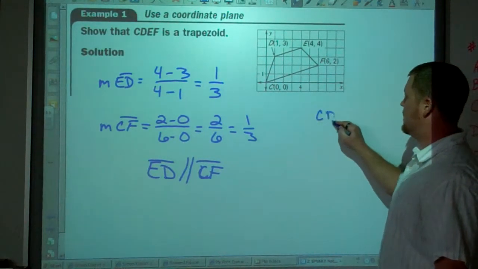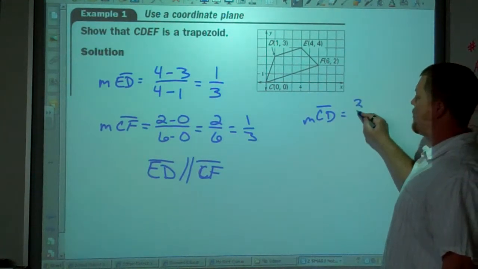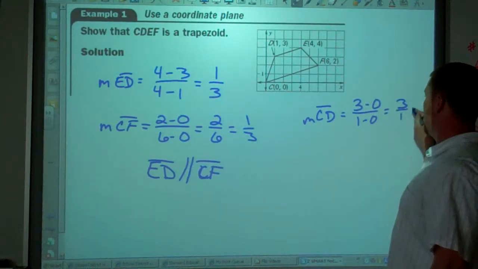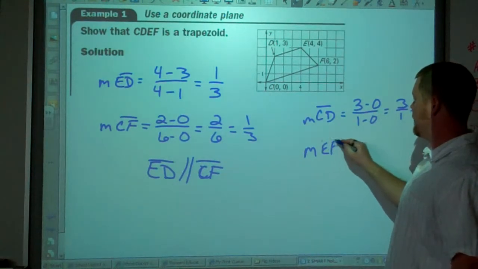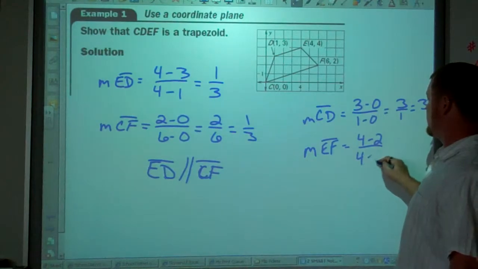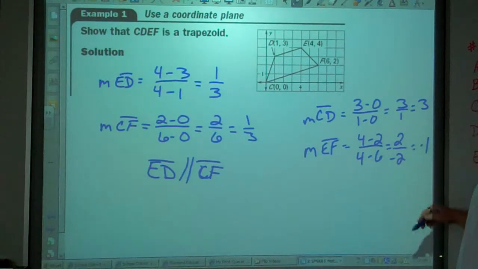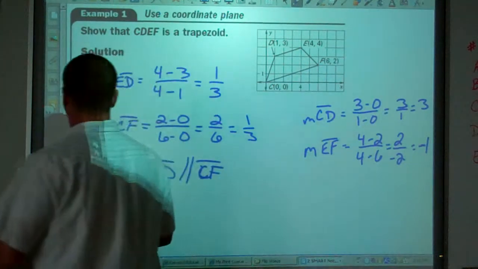So segment CD, 3 minus 0 over 1 minus 0, that's a slope of 3 over 1, or 3. The slope of segment EF is 4 minus 2 over 4 minus 6. We get 2 over negative 2, which is negative 1. So they are not parallel, so yes, this is a trapezoid.